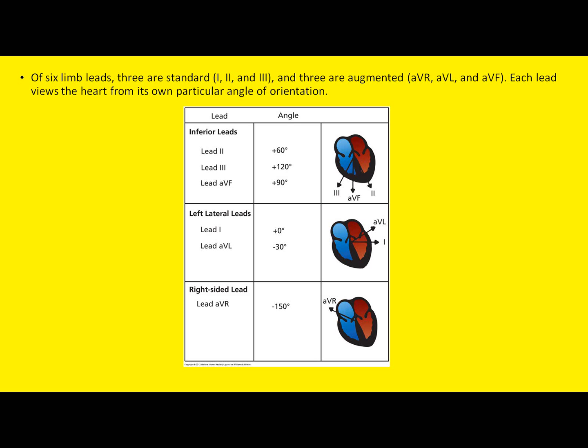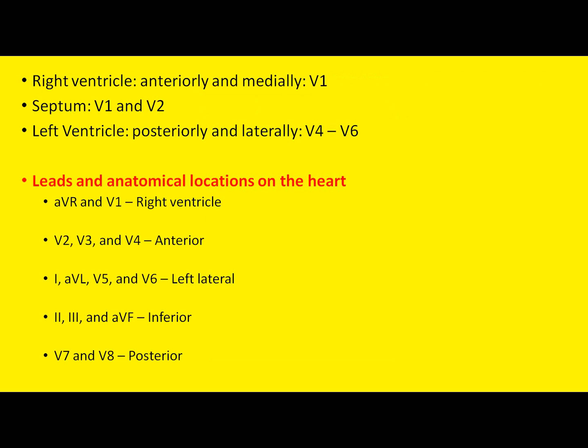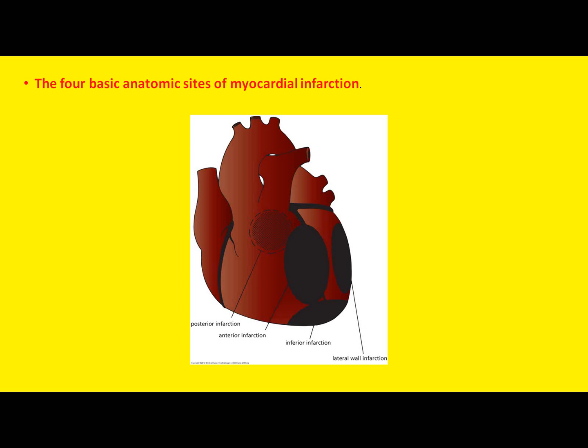So the right ventricle is anterior and V1, septum V1 and V2, left ventricle is V4 to V6, and same thing, we went through this before. Lateral leads 1 and AVL and V5 and V6. Inferior leads 2, 3 and AVF. Posterior leads, if you put them, we don't normally put them, are V7 and V8. So if you want to look at the right ventricle, AVR and V1. So you can get an idea looking at the ECG which leads are causing which problem.